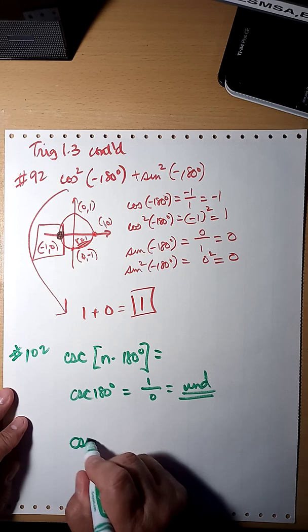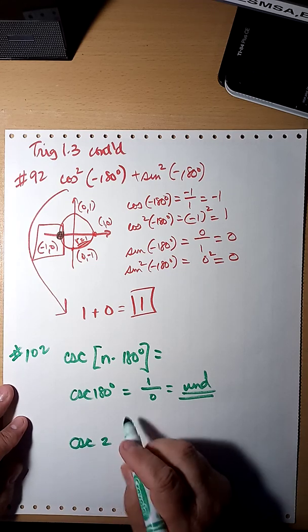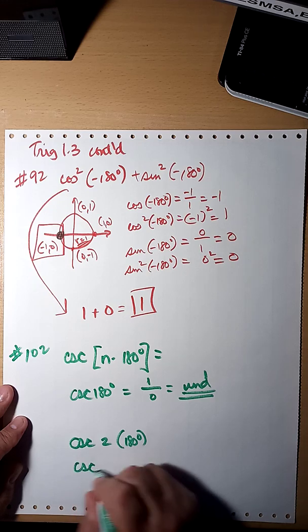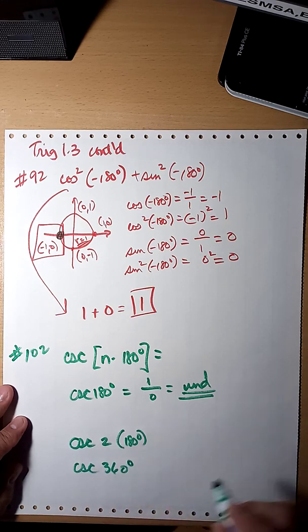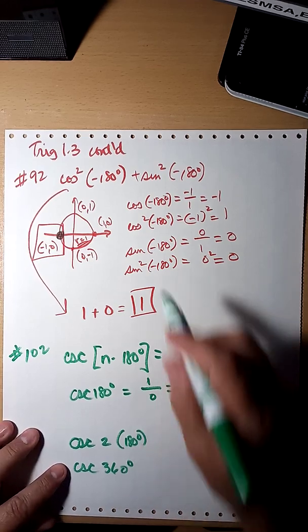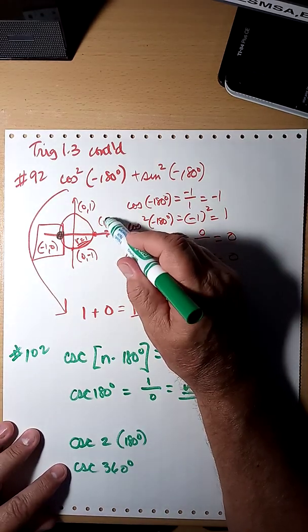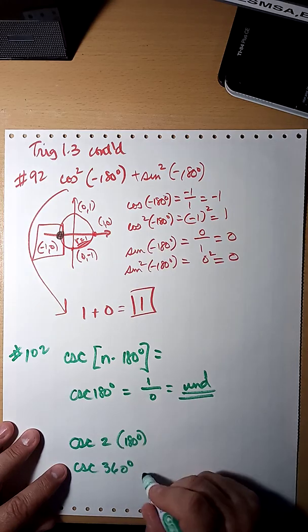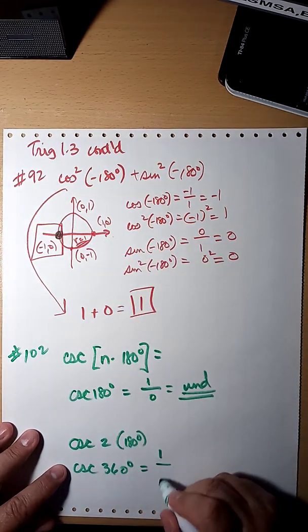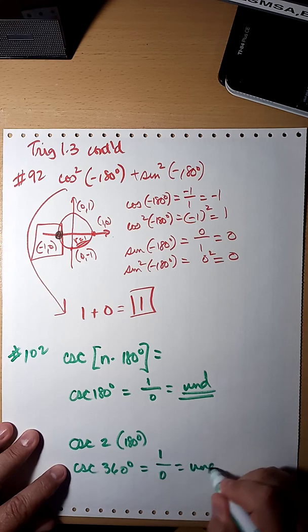Suppose I wanted 2 times 180, with a cosecant of 360. So 360 is back here. And the cosecant is r, 1, over y, 0, which is still undefined.